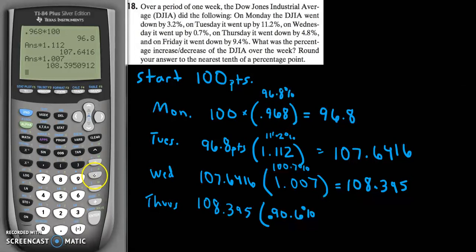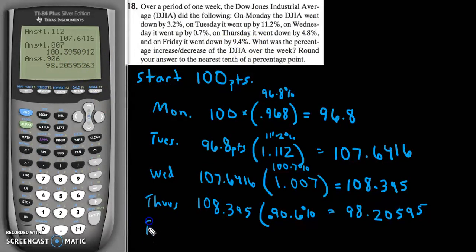So yesterday's worth times that. Now it's only worth about 90% of what it was because it went down by almost 10%. And so at the end of that day, it was 98.20595. Notice I don't have to type these all because I keep the number in the calculator. So I'm not losing any decimals by deciding how many to write down because it's storing them all over here. And I can just round my answer at the end.